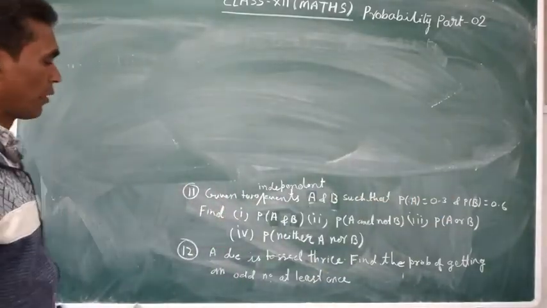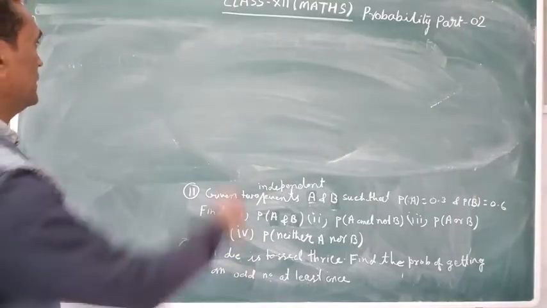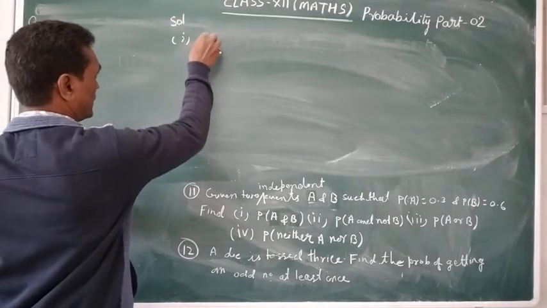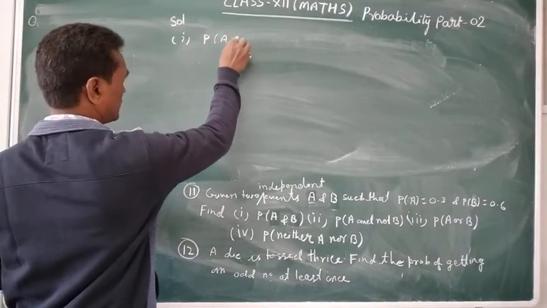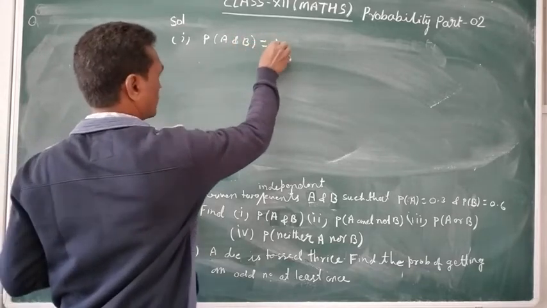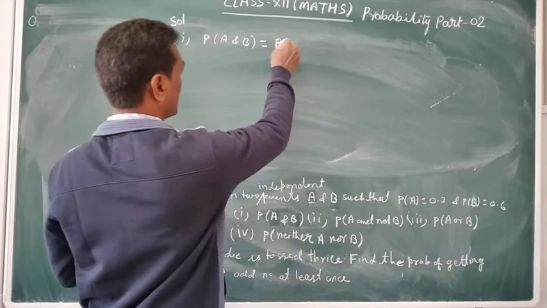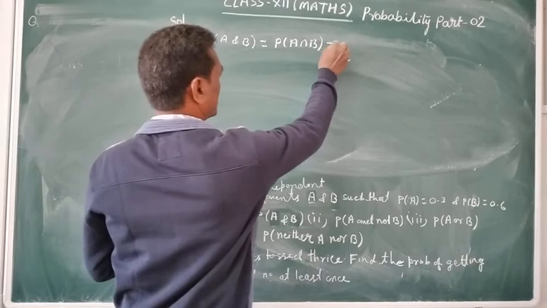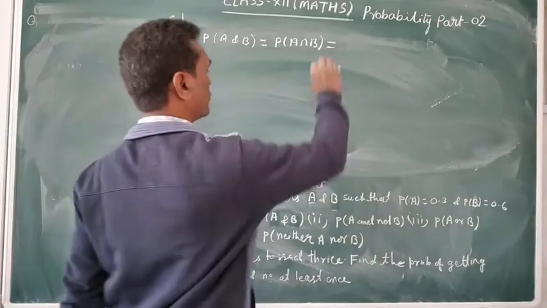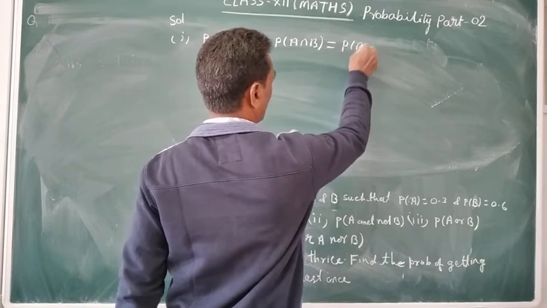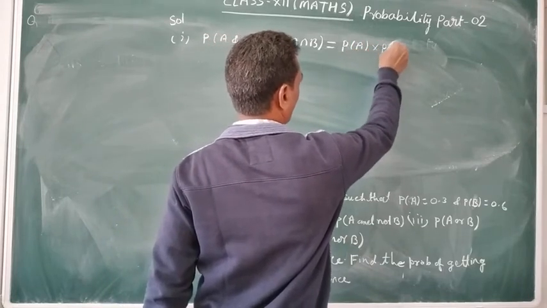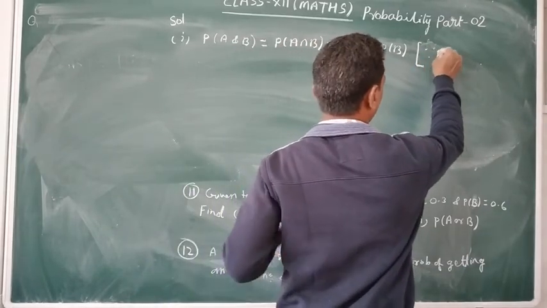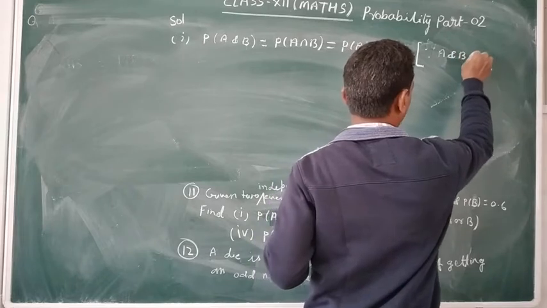We have to find probability of A and B. So first part of this question, probability of A and B, that means both the events should occur simultaneously. That means A intersection B we have to find. And since A and B are independent, we can apply this formula P(A) into P(B). Reason we can give in bracket: A and B are independent.